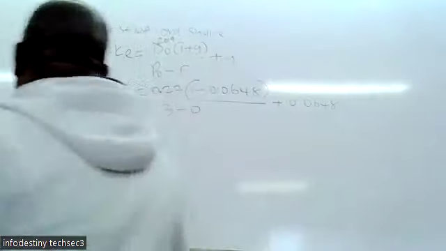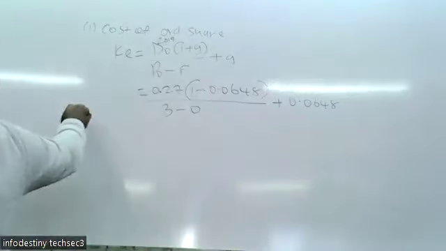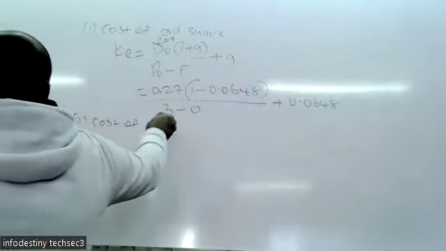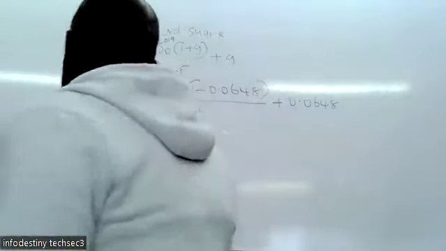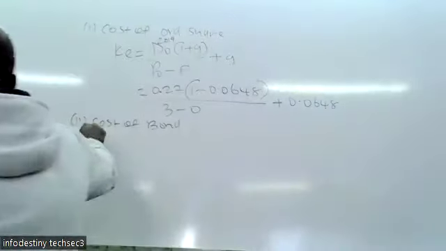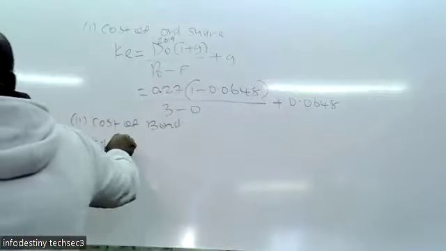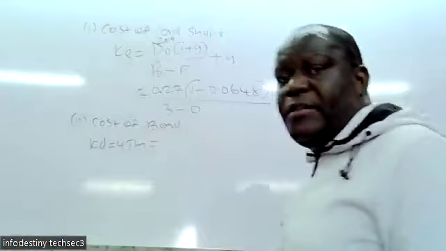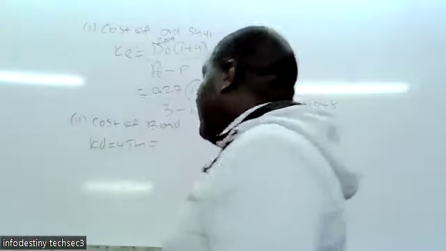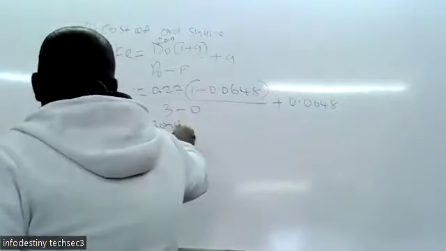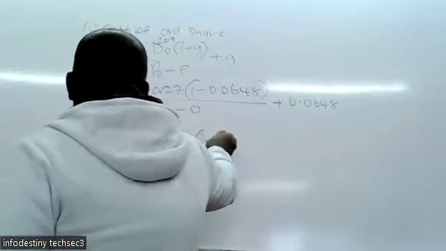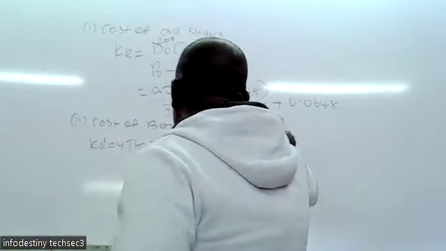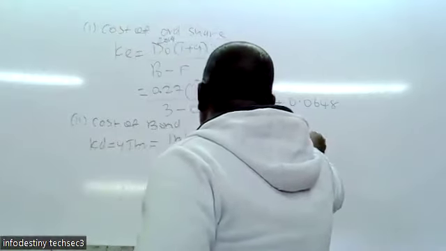So the cost of the bond, since it is redeemable, means you compute KD, which is the same as the yield to maturity. It will be given by interest times 1 minus the corporate tax, then maturity value minus the current value.